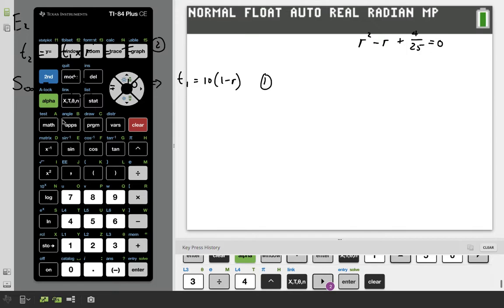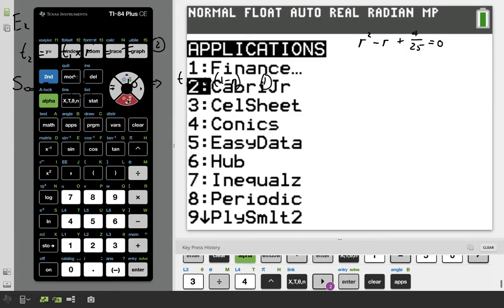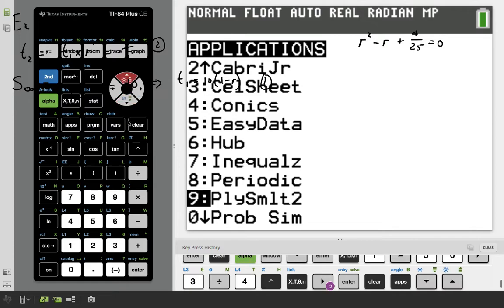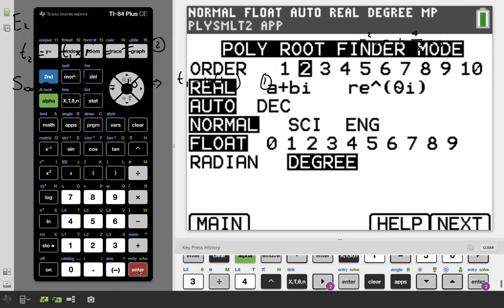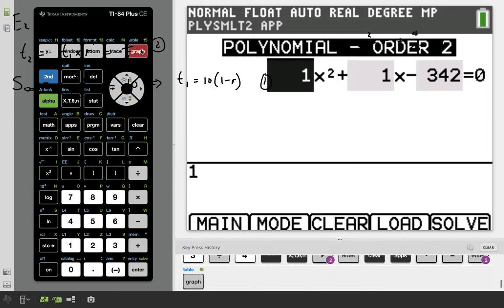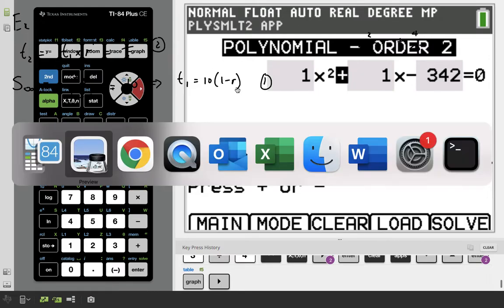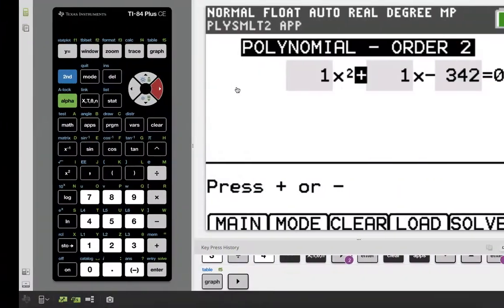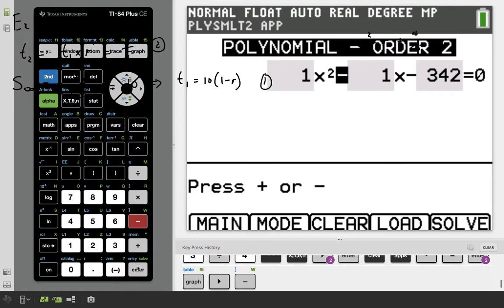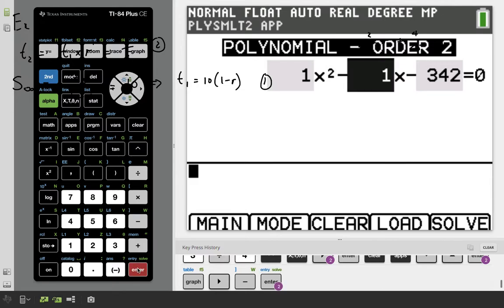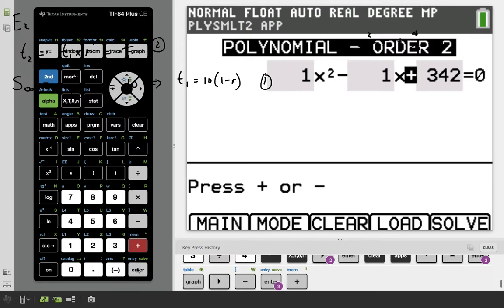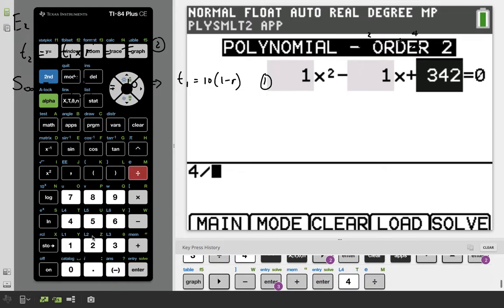Let's clear that. We'll go apps, polynomial root finder, our order is 2. Next we had an R squared, and we had a minus R, and a plus 4 divided by 25.